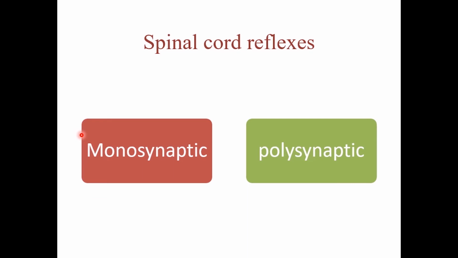Spinal cord reflexes are either monosynaptic, with only two neurons participating in the reflex arc, one motor and one sensory, or polysynaptic, that have multiple neurons participating, and they are more complex and involve different groups of muscles.